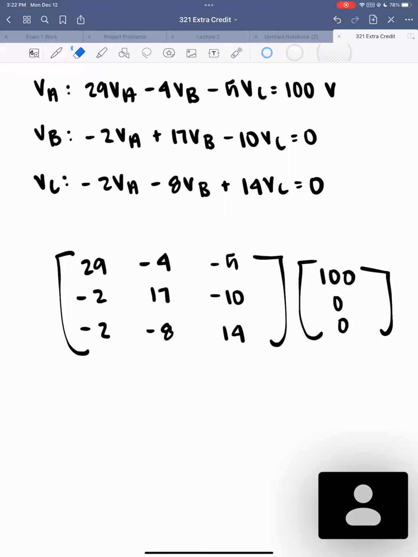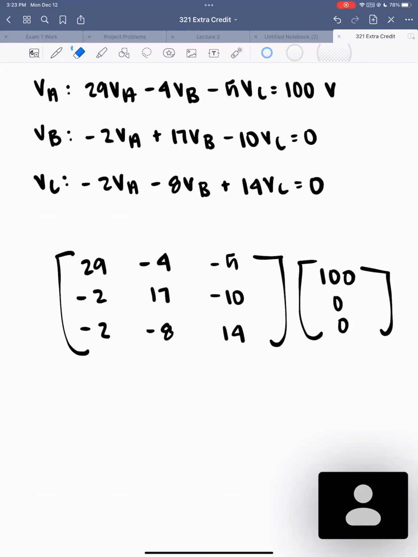To do this, you go to matrix and you make a 3x3 matrix, plugging in all your numbers. And once that's done, you make a 3x1 matrix. And then you are going to take the inverse of your 3x3 matrix and multiply that by your 3x1 matrix.